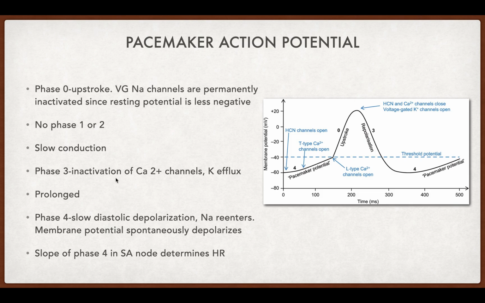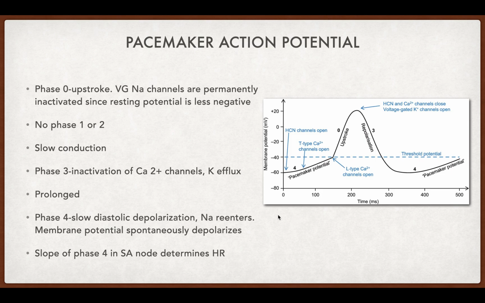Same deal, phase 3: inactivation of the calcium channels, and then potassium leaves. In the meantime, sodium comes in. It's a lot more prolonged in the pacemaker cells compared to the contractile cells, because there needs to be a slow diastolic depolarization. And then, like I said before, there's going to be the spontaneous depolarization the minute it hits a certain threshold.